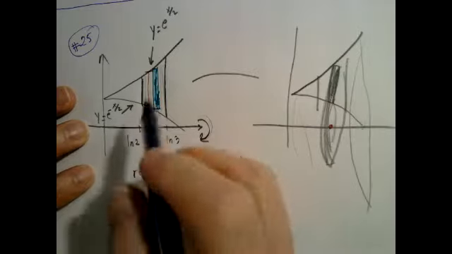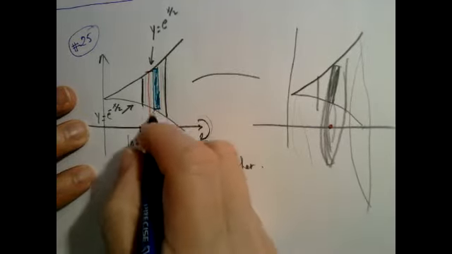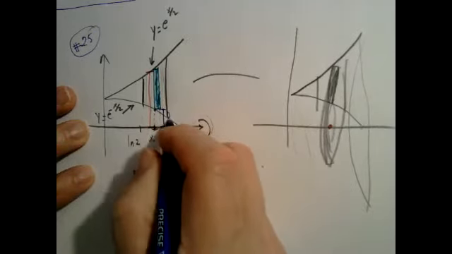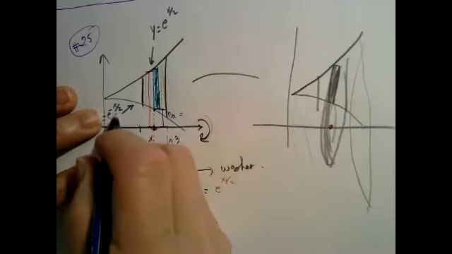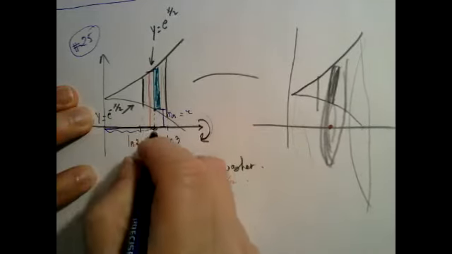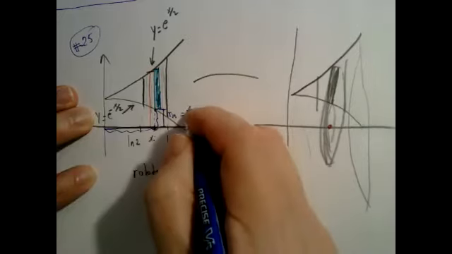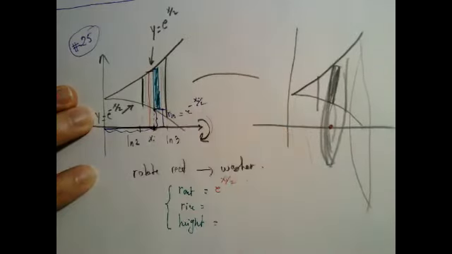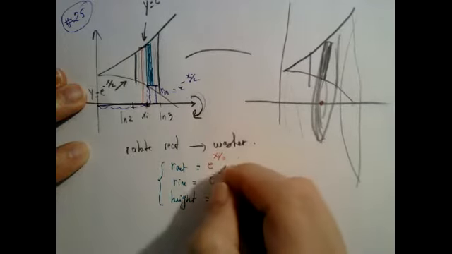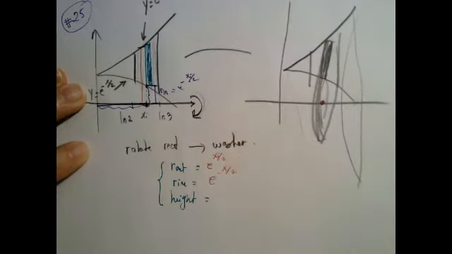Okay, do you agree with your classmate? It's from the center of rotation to the bottom curve. This is my inner. This is e to the minus x over 2. It means if this is x_i, from here to here is e to the minus x_i over 2. So my inner is e to the minus x_i over 2.